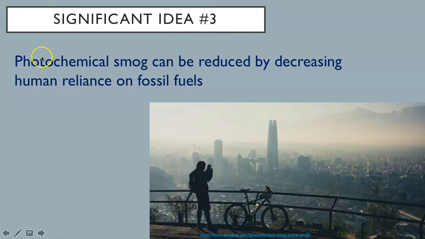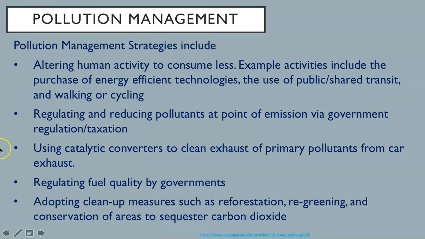Significant idea number 3: photochemical smog can be reduced by decreasing human reliance on fossil fuels. Pollution management strategies include altering human activity to consume less. Example activities include the purchase of energy-efficient technologies, the use of public shared transit, and walking or cycling. Regulating and reducing pollutants at the point of emission via government regulation and taxation.